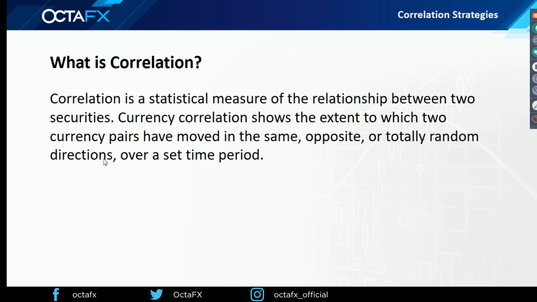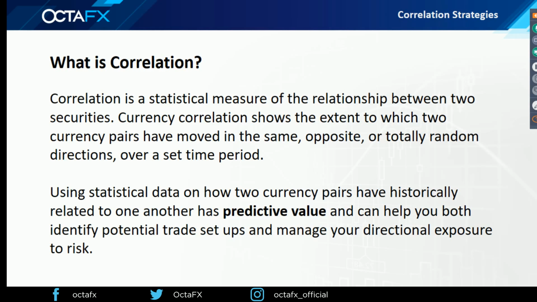If there's a high correlation, that is very useful information. Knowing how two currency pairs have historically related to one another has predictive value, and can help you both identify potential trade setups and also manage your directional exposure to risk.